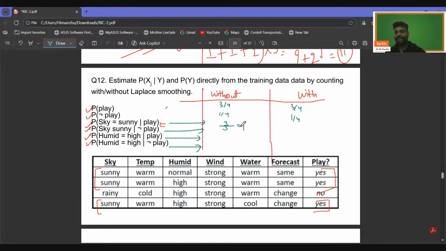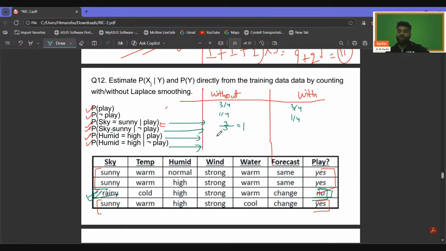I hope it's clear. Now on a similar side, I am looking for sky being sunny when not play. That means I'll be looking at this particular row. If we are not playing, what is the probability of sky being sunny?